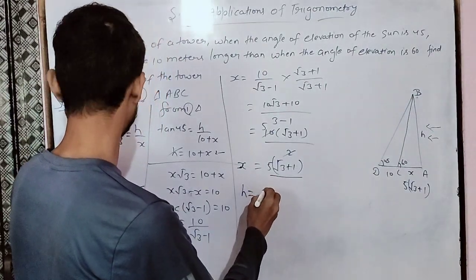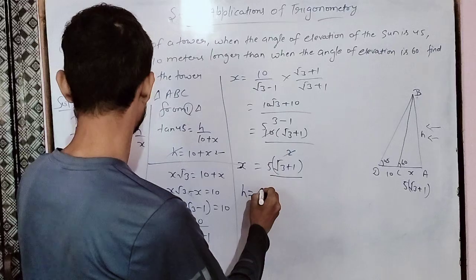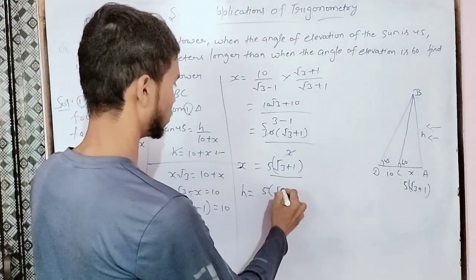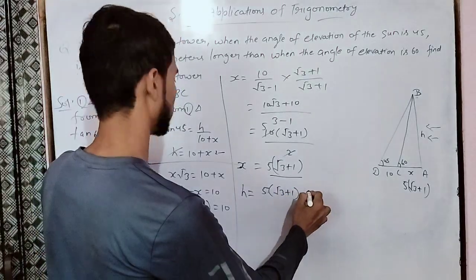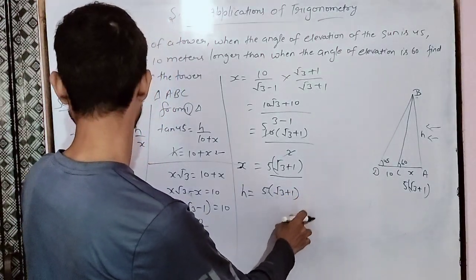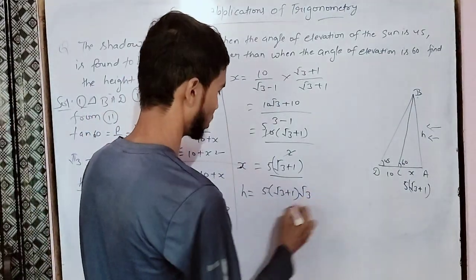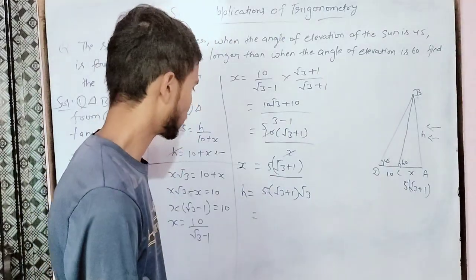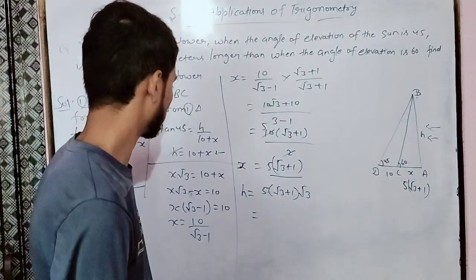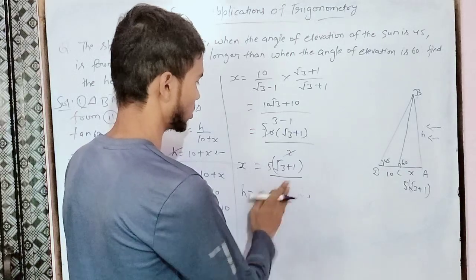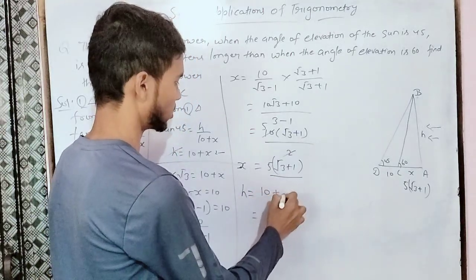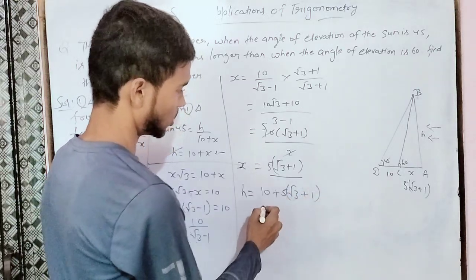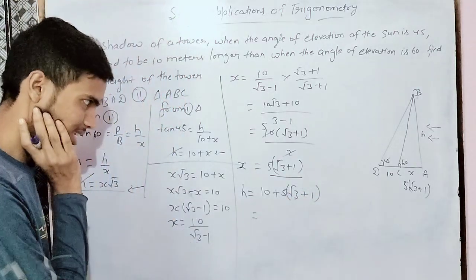So let's put X. So here 5 under root 3 plus 1, into root 3.